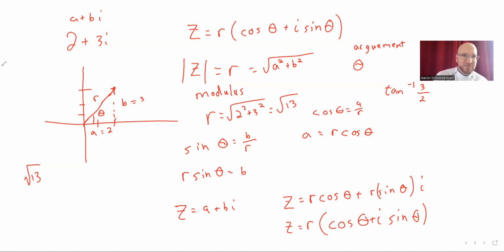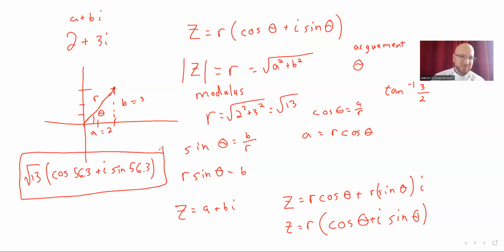I get 56.3 degrees. So my complex number is square root of 13 cosine 56.3 plus i sine 56.3. I could have also done this in radians, but there's my complex number in polar form.